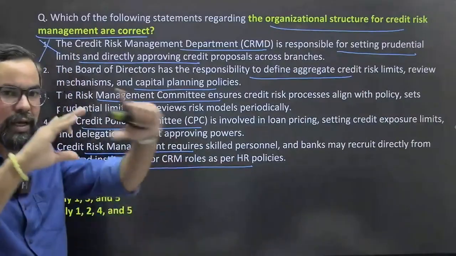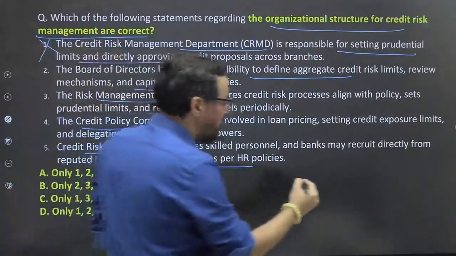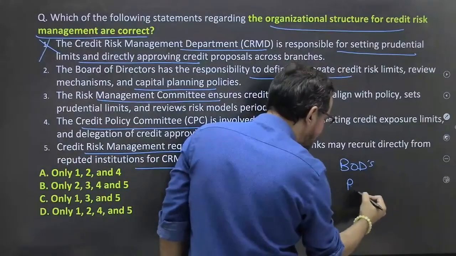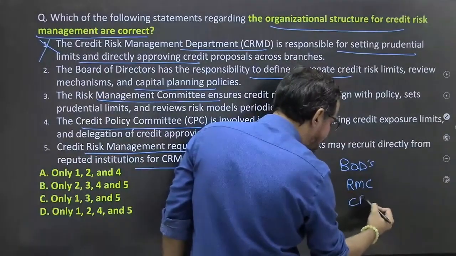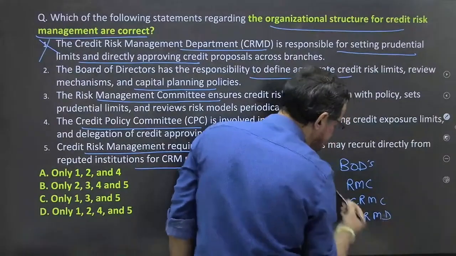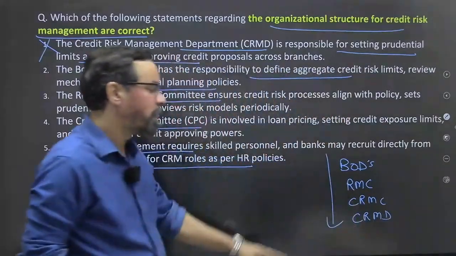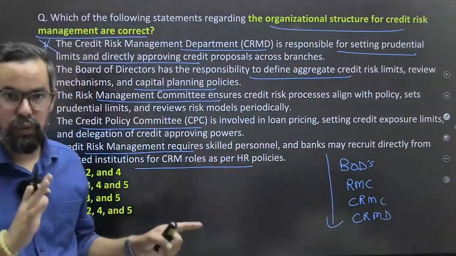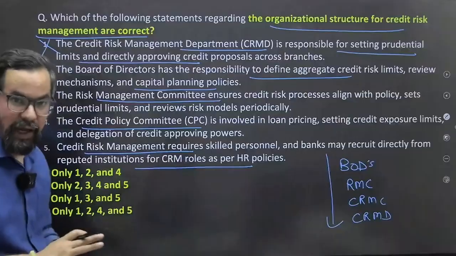When it comes to the entire structure, first we have the board of directors, then the risk management committee, then the credit risk management committee, then the credit risk management departments. This is the structure. Basically, the overall responsibility belongs to the board of directors of the bank.